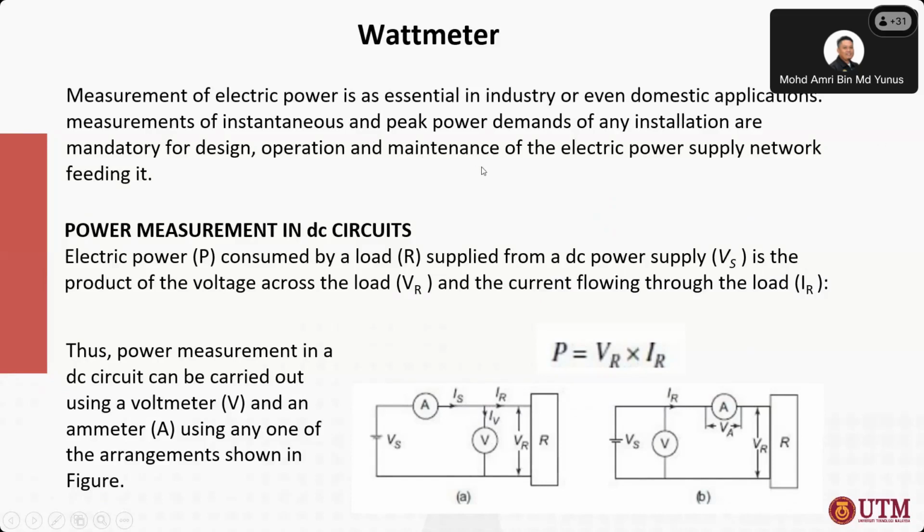Actually, the idea of a wattmeter is to measure the power that is used in a circuit. So it is one of the important measurements in industry or in domestic application.